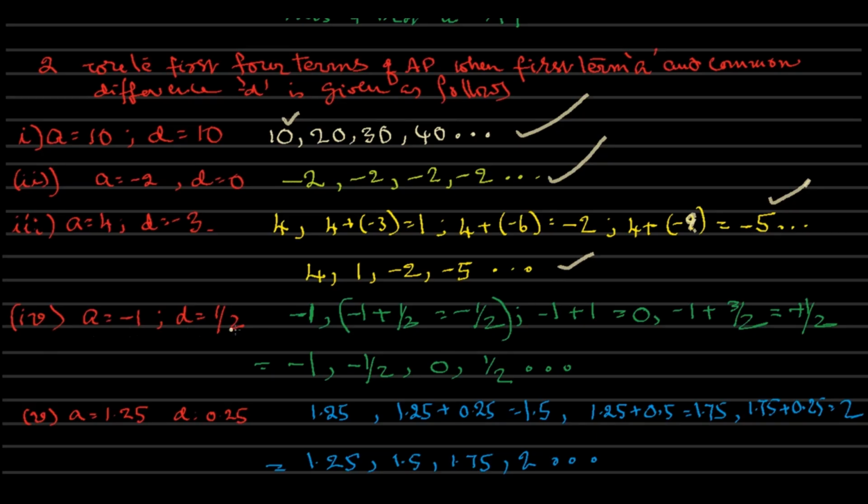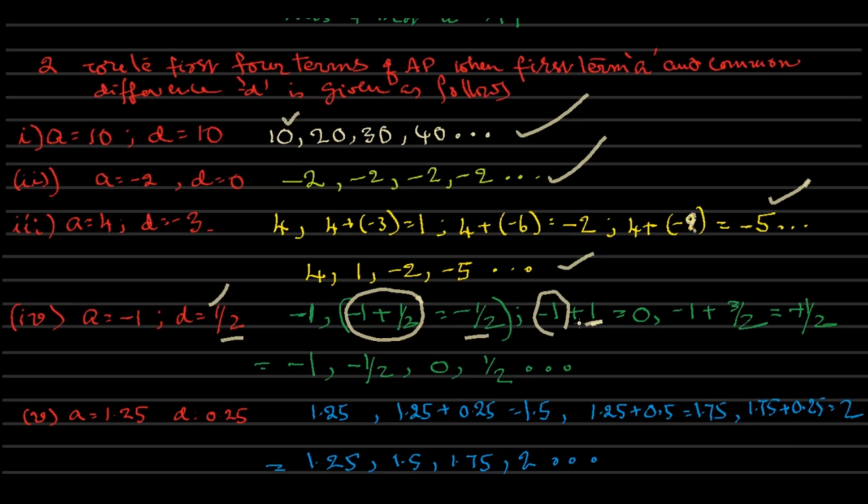A is minus 1, D is half. Minus 1 is the first term. Minus 1 plus half is the second term, minus half. Next, minus 1 plus 2D. 2 times half is 1.